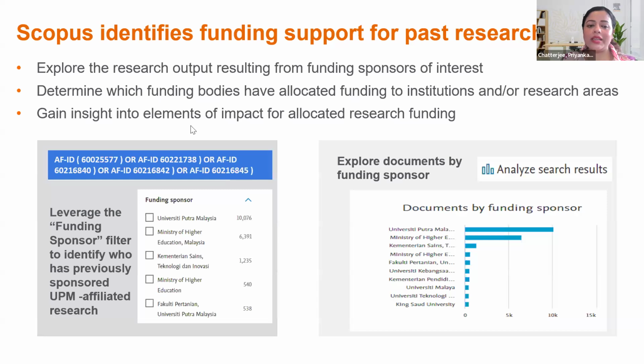This will help you gain insight into elements that will impact allocating research funding, which means when you are applying for a new grant, if you have these results with you, you will be able to take an insightful decision in terms of where you should apply for your grant and what kind of research your grant will most likely be able to fund.